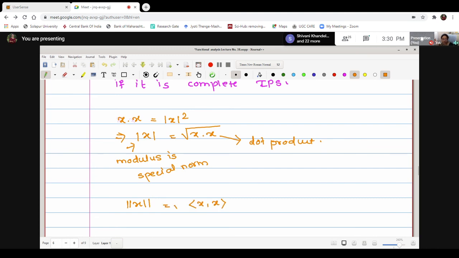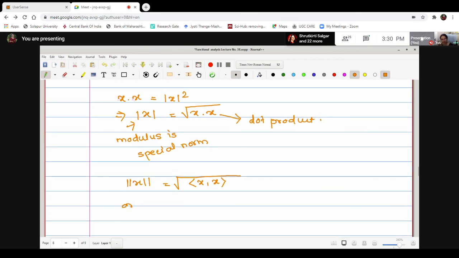So we follow the same relation: norm x is equal to the square root of the inner product of x with x, or one can write norm square of x is equal to the inner product of x with x. This is as simple as that. We derived this relation just by observing the relation between modulus and dot product. Mod x is the square root of x dot x. Similarly, norm x is the square root of the inner product of x with x. Any problem up to this?